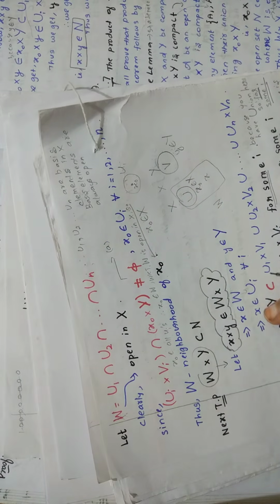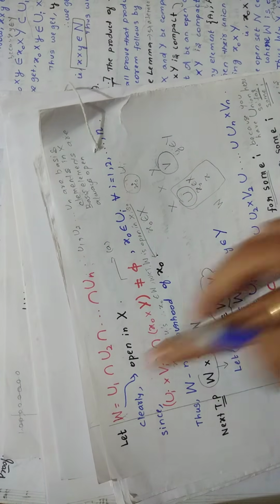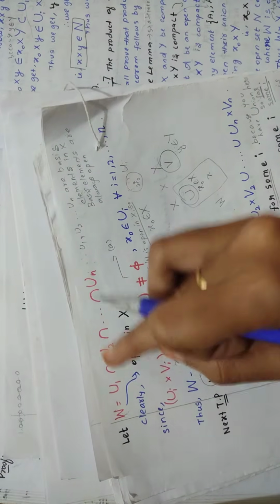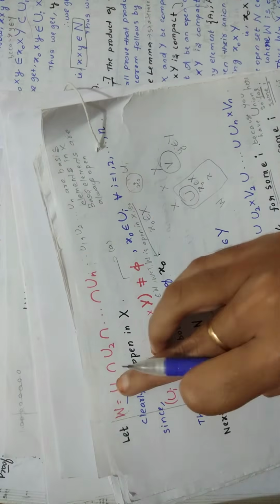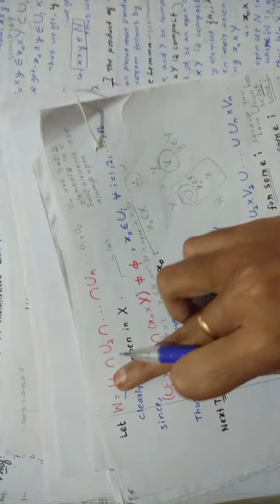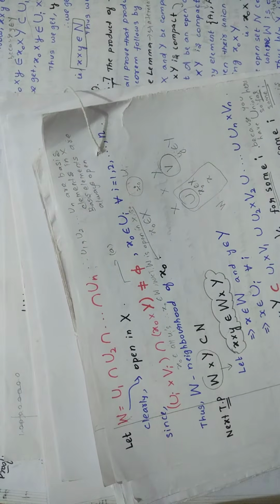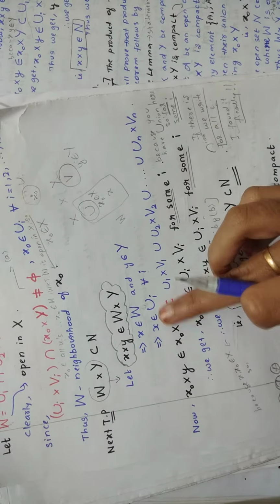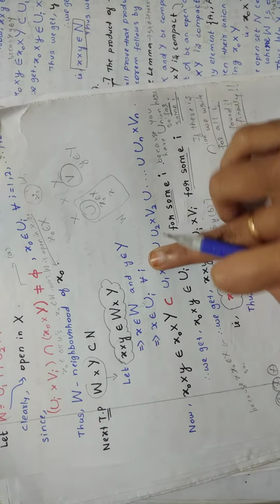If x belongs to W, it means this x belongs to all these U_i's, all these intersections. So x is present in U1, U2, U3, U4 till Un. That is why you are writing x belongs to U_i for all i.